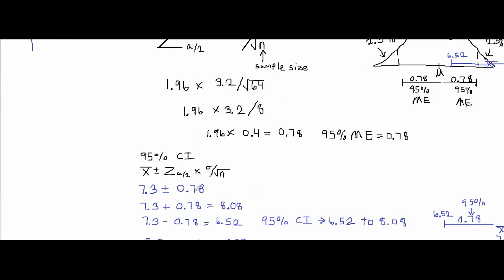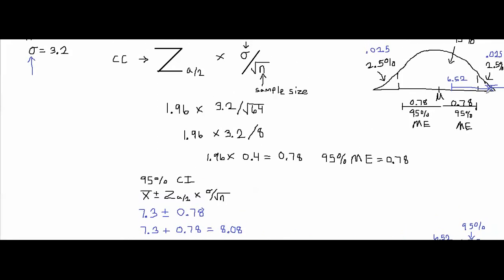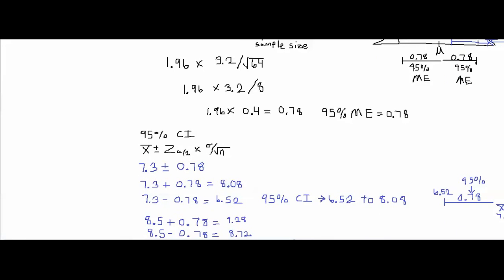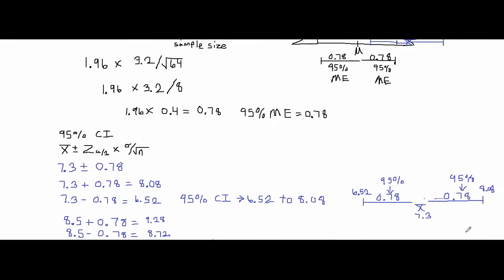So if the margin of error shrinks, then you're adding and subtracting by a smaller number, which means that the interval around the sample mean will become narrower. Because look down here. If the margin of error shrinks, then this bar becomes smaller, and this bar becomes smaller, and the entire interval is narrower.